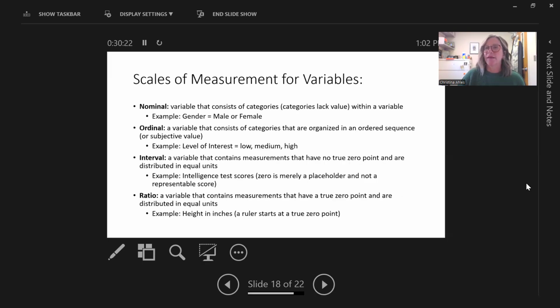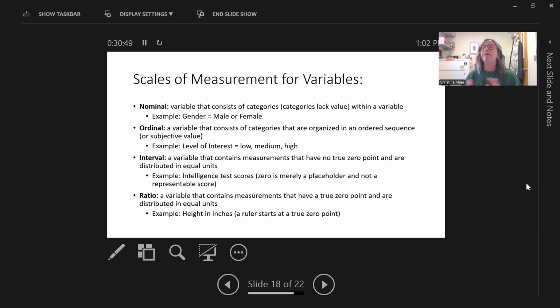Let's look at our scales of measurement, sometimes just referred to as measurement scales, but scales of measurement for variables. We have four different scales of measurement. So for every variable, you should give me two classifications and one scale of measurement. So let's describe what the scales of measurement are. The first one, the most simplistic, is nominal. Nominal is just categories.